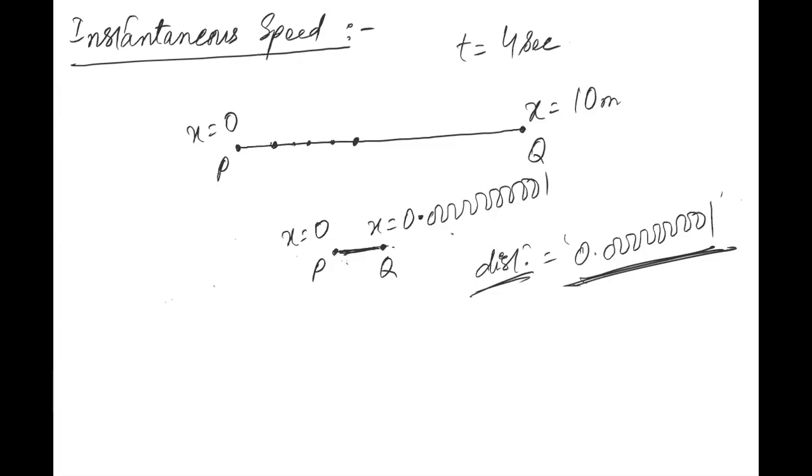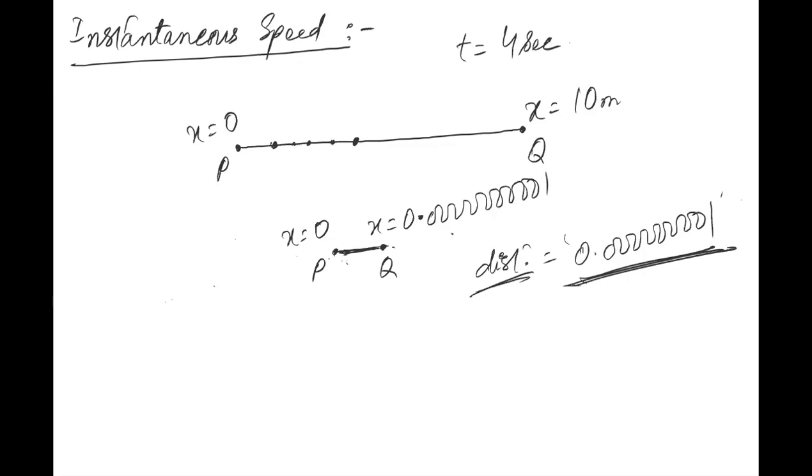The distance is so small that its value can be approximately assumed to be 0. Clear hai? Matlab, in other words, I can claim that the distance is so small that P and Q can be approximately assumed as the same point. Approximately. I'm not saying these to be the same point actually. I'm saying approximately. Very close to each other.